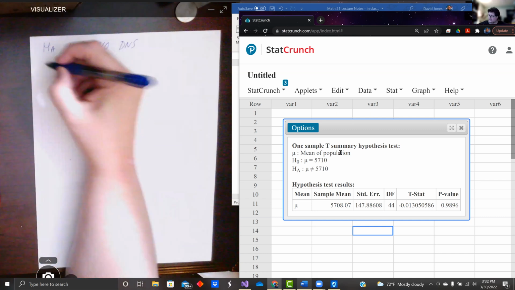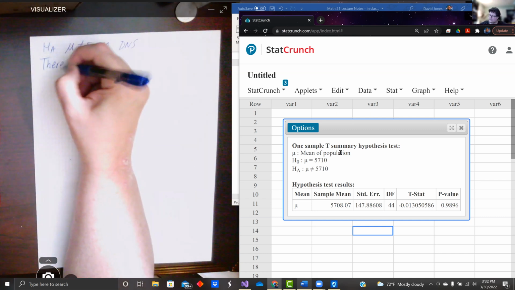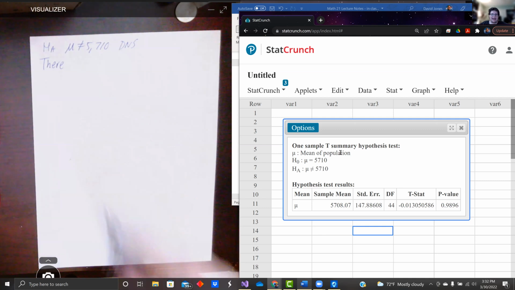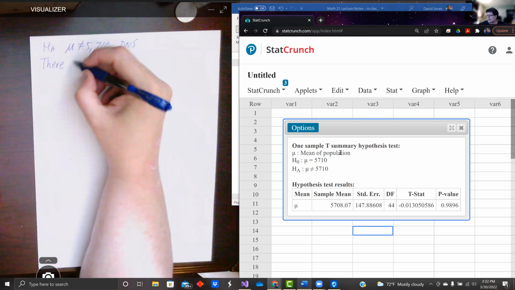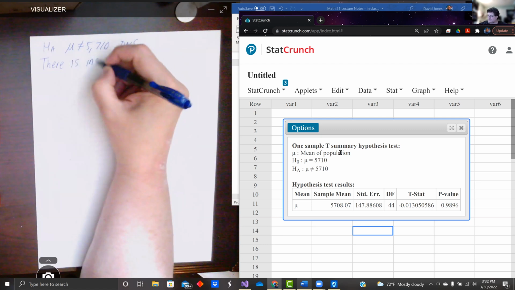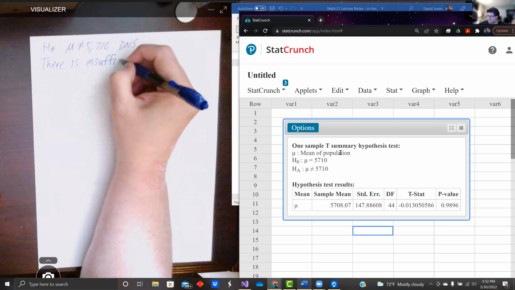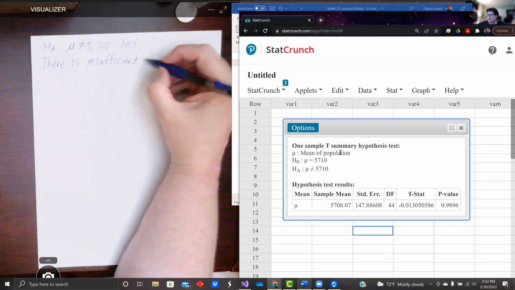So now that we don't have enough evidence to support it, you could say there's not enough evidence. I like to go with sufficient and insufficient. That way it just keeps the sentence the same.